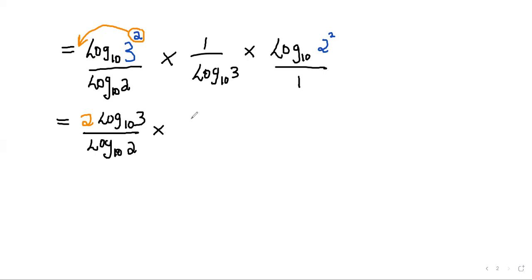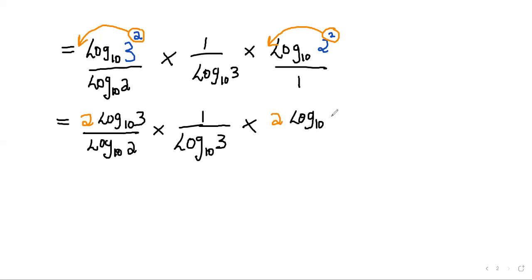Multiply by 1 over the log of 10 base 3 as it is. Or you can write it like this to make your work much neater. Then you multiply by, and here you use the very same concept of taking this 2 that serves as an exponent and bringing it forth here in front. So that will be 2, and then we're going to have log of 10 base 2 divided by 1.